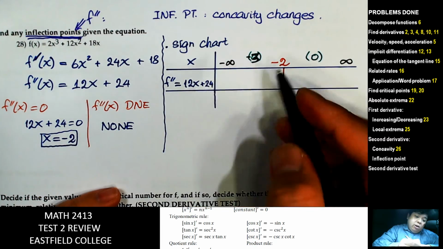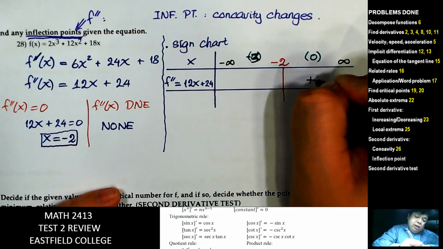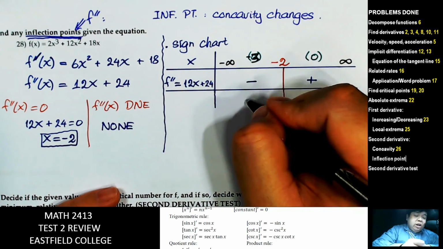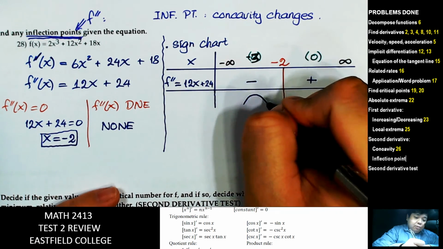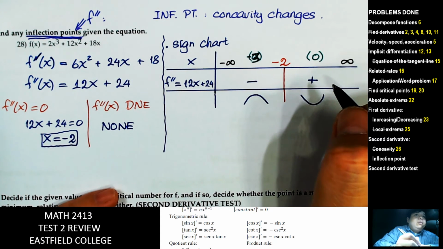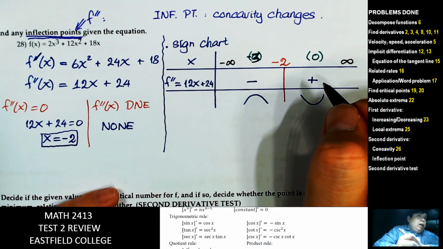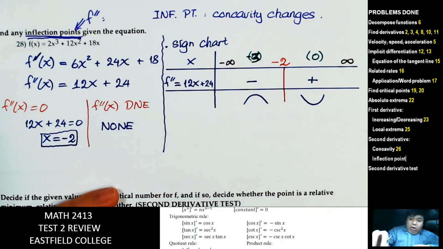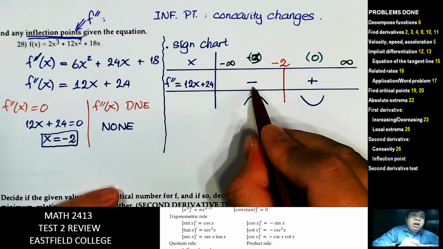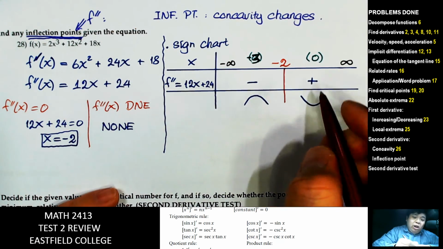Put in 0, we have positive. Put in -3, that would be negative. So here negative is concave down, positive is concave up. We need to do the sign chart so we can say the concavity changes from negative to positive, from concave down to concave up.